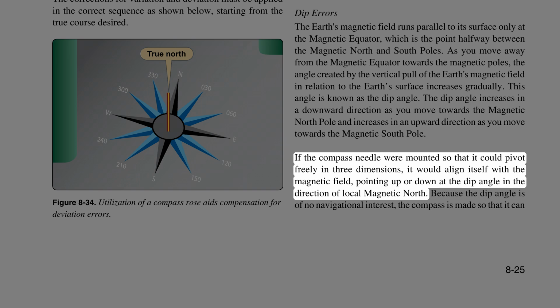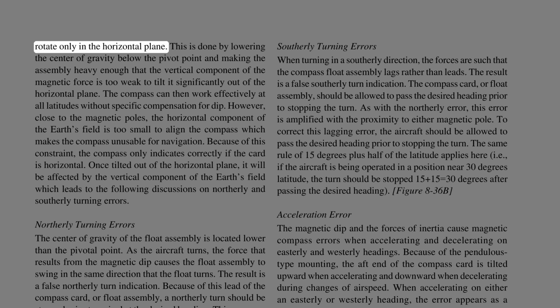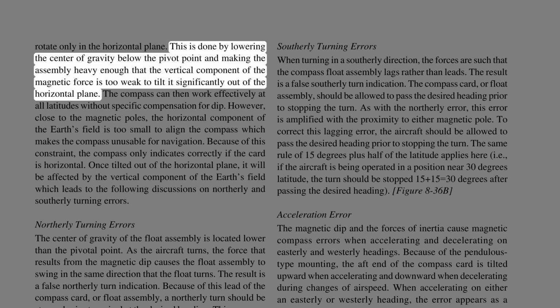If the compass needle were mounted so that it could pivot freely in 3 dimensions, it would align itself with the magnetic field, pointing up or down at the dip angle in the direction of local magnetic north. Because the dip angle is of no navigational interest, the compass is made so that it can rotate only in the horizontal plane. This is done by lowering the center of gravity below the pivot point and making the assembly heavy enough that the vertical component of the magnetic force is too weak to tilt it significantly out of the horizontal plane.